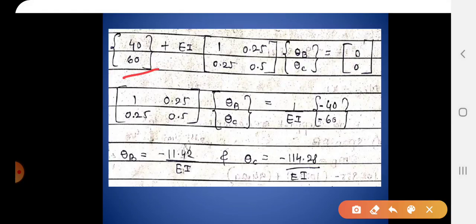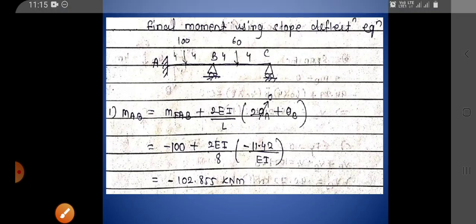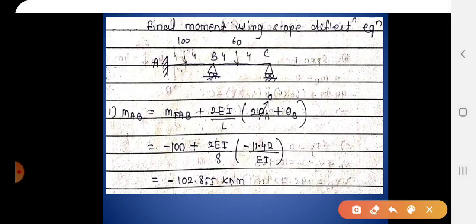Okay, so put in the respective values: P matrix, S matrix, and the theta displacement matrix equal to 0. You can solve these on your calculator and find the theta B value and theta C value divided by EI. Okay, now go to the next step, that is, find the final moments using the slope deflection equation.